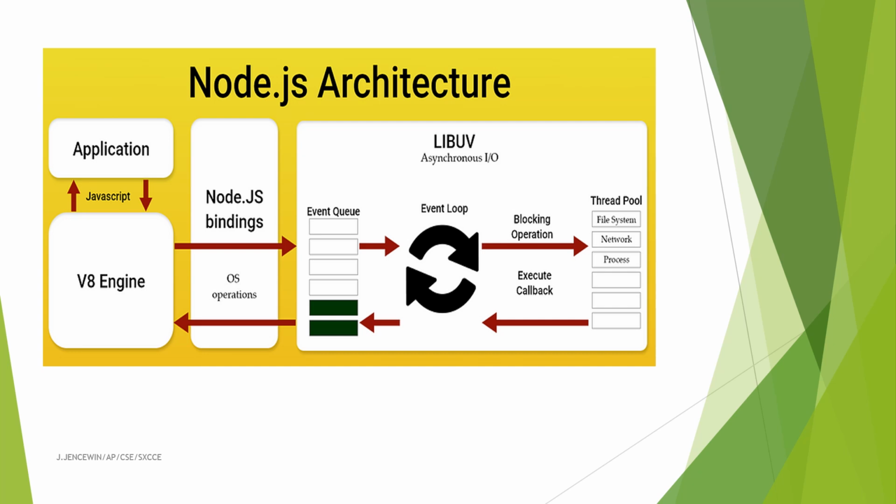After finishing the work, the thread pool adds the result to the callback queue, which is processed by the event loop, and finally the result is sent to the event queue. So this is basically the Node architecture.